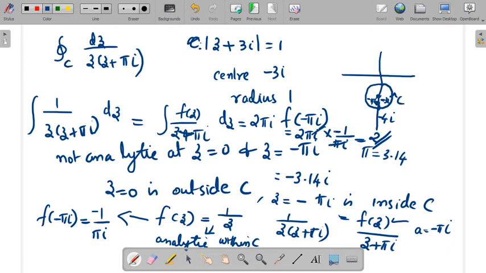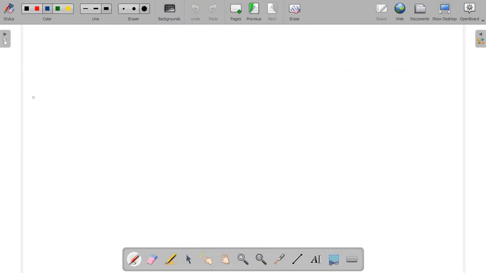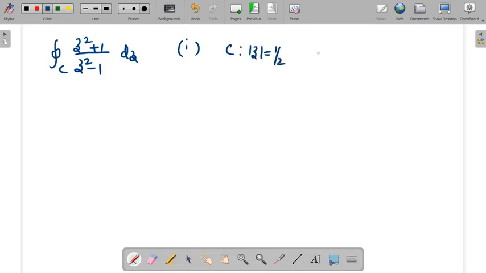Now let us do the question. Integral over C of z square plus 1 divided by z square minus 1 dz, where we consider three cases. First one, C is mod z equal to 1 by 2. Second case, C is mod z minus 1 equal to 1. And third case, C is mod z equal to 3 by 2.